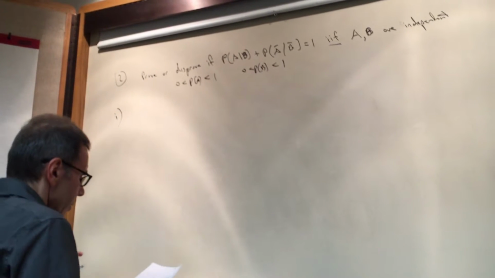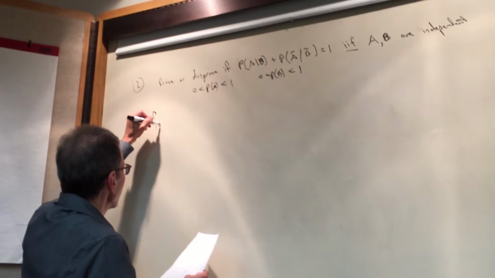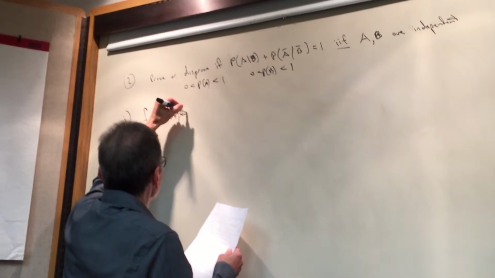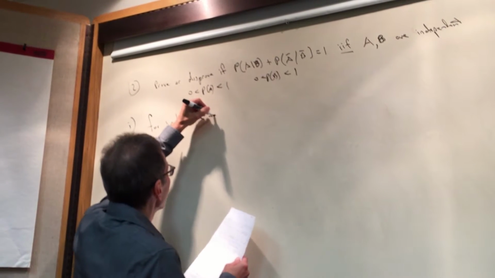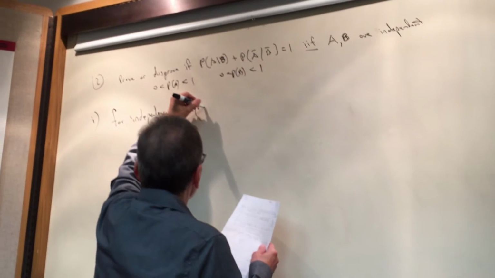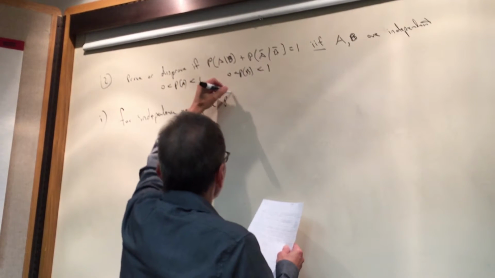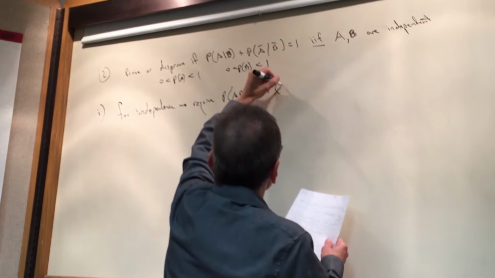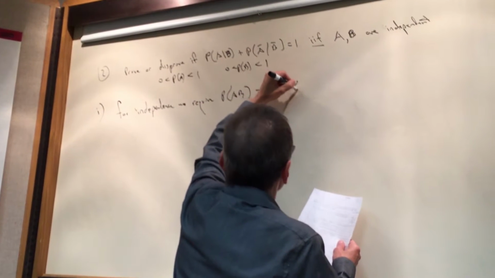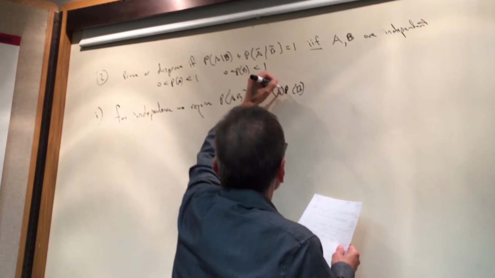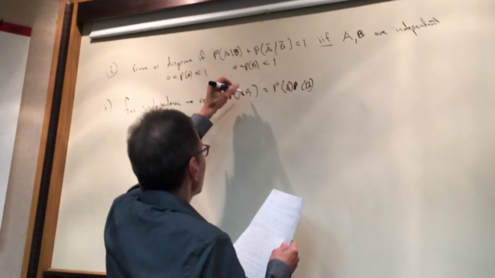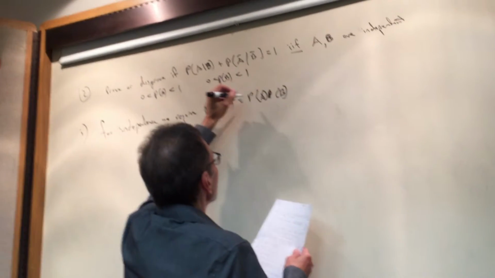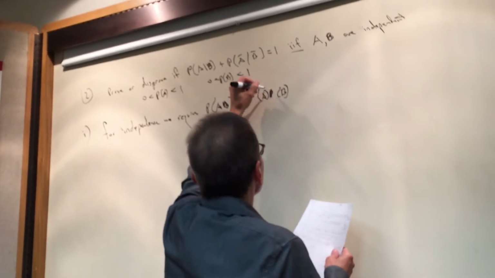To proceed, we have to define our conditions for independence. For independence, we require the probability of A, B equal to the probability of A times the probability of B. This is an intersection, and here we're multiplying the two probabilities.